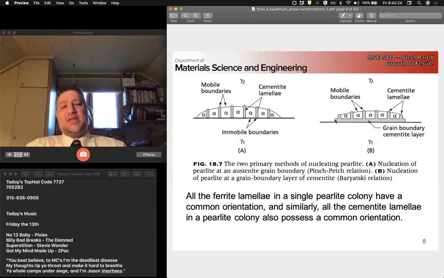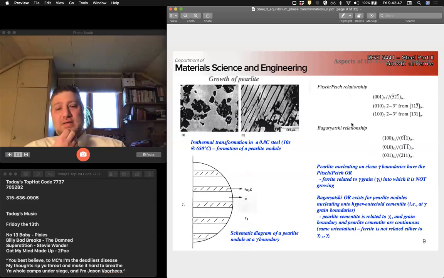The same thing happens if we're hypereutectoid and we have a grain boundary cementite layer. Now we get cementite structures that shoot off, and we nucleate alpha next to them. But again, we keep a sort of regular structure, right? And so how does this come about?